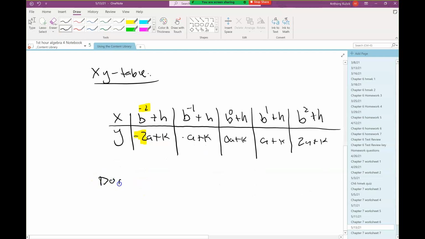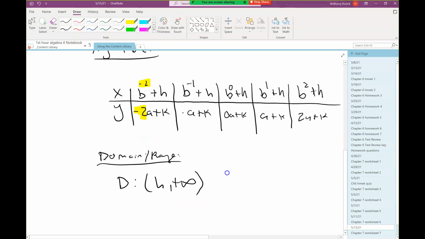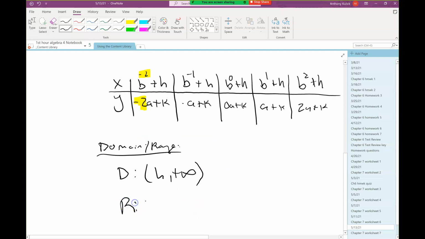And then the domain and range. The domain is always going to be h to positive infinity, both with parentheses. And the range will always be all real numbers.